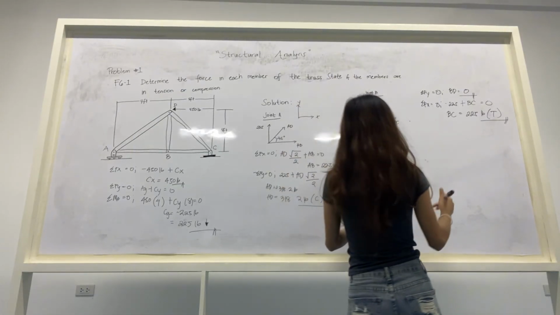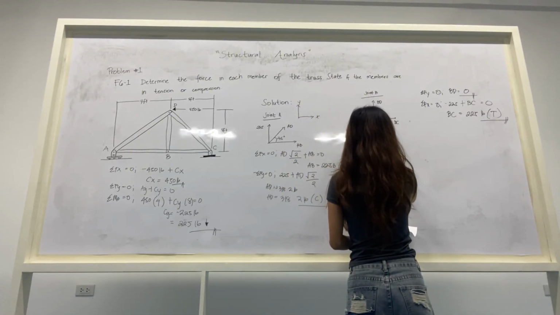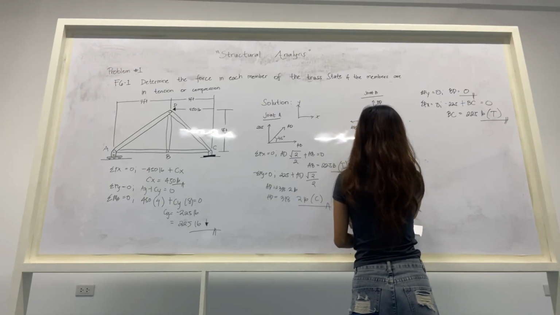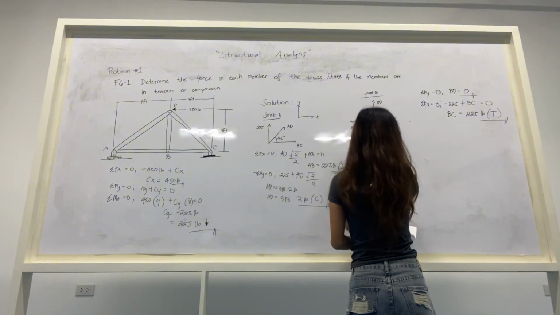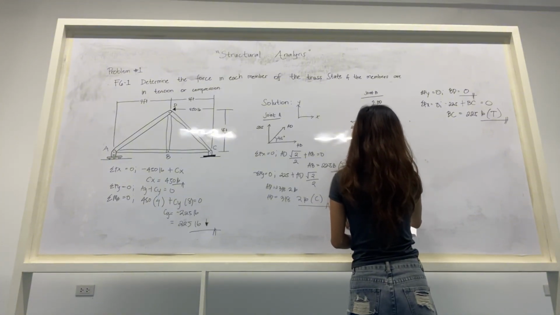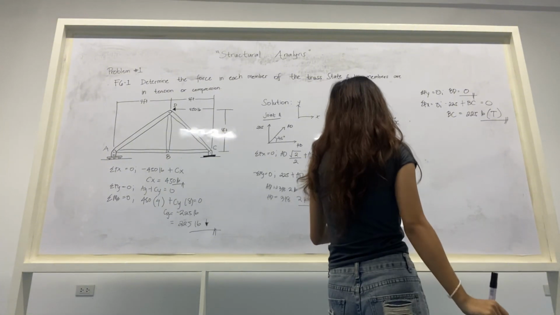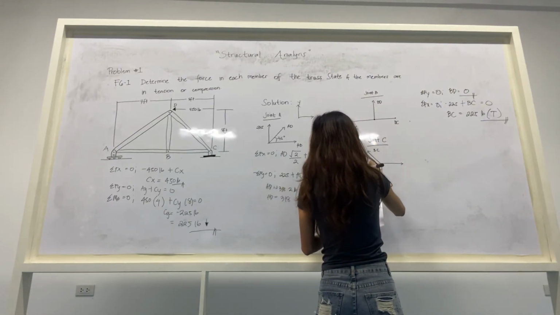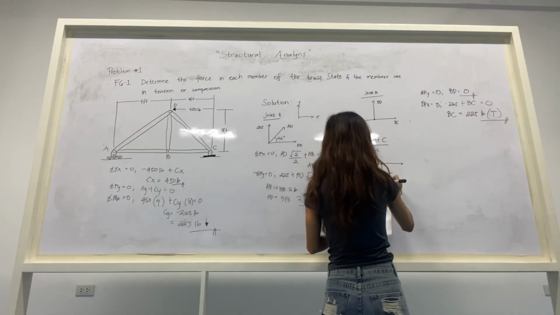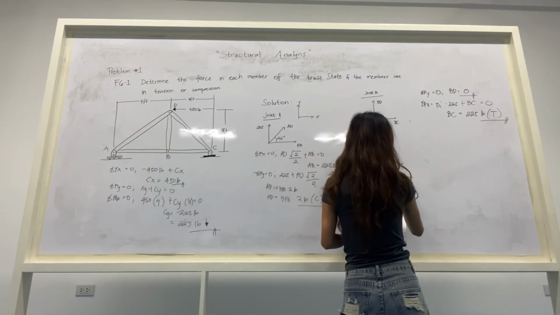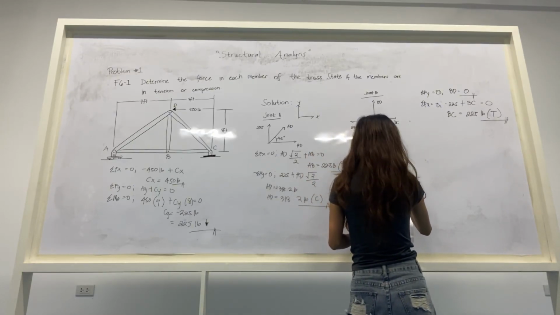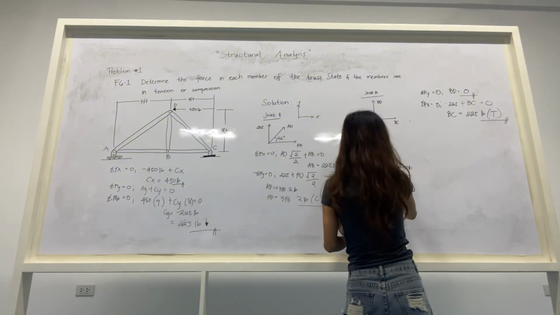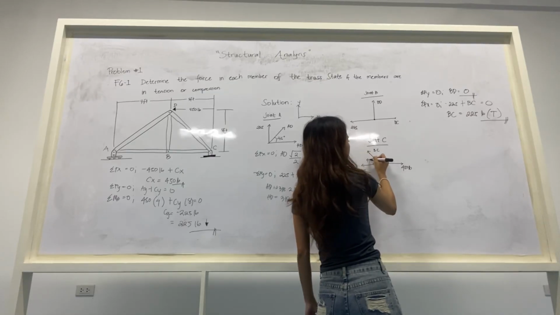We have the lower portion. So here we have our BC, our 225 lb downward, and our 450 lb. We have our angle here of 45 degrees.